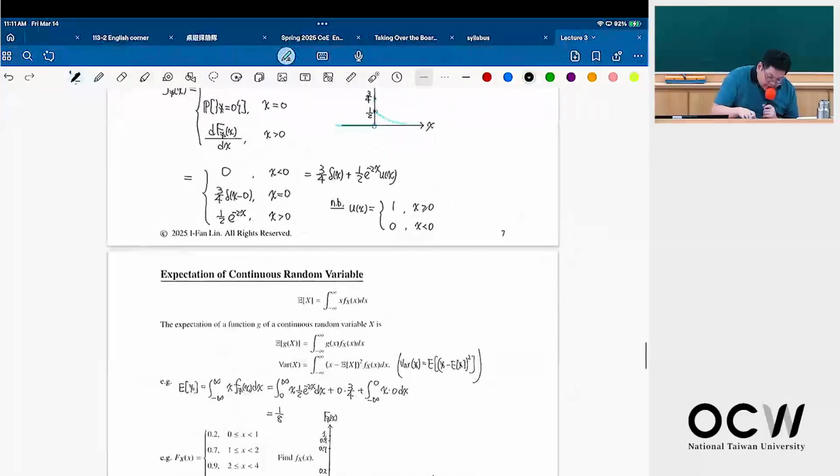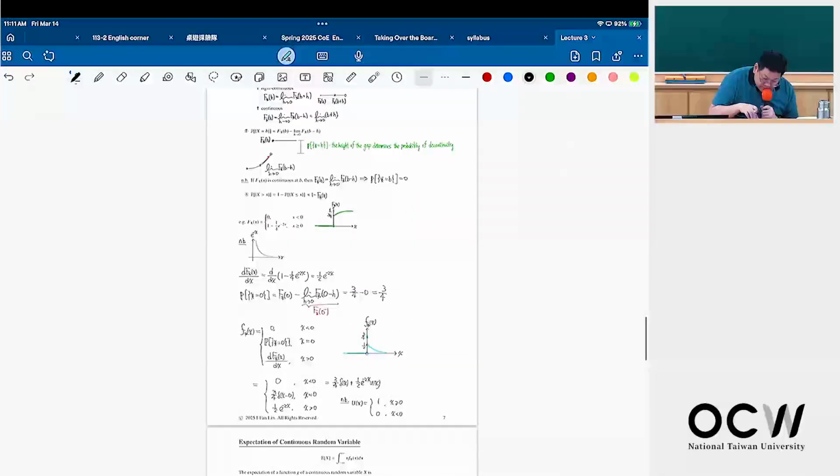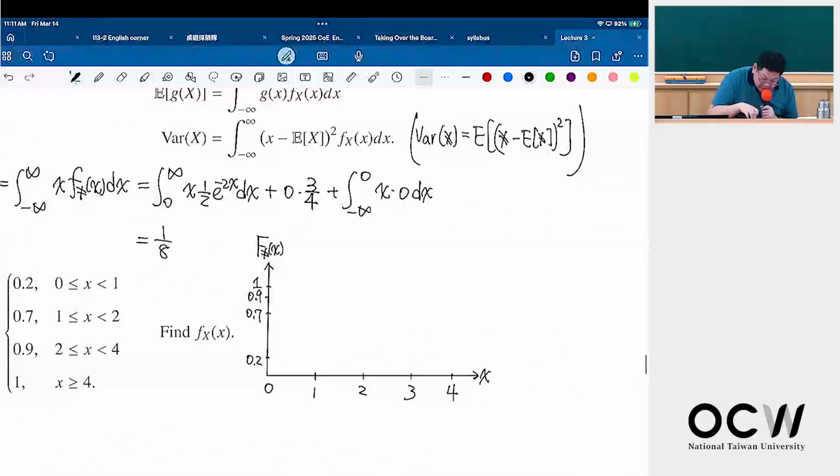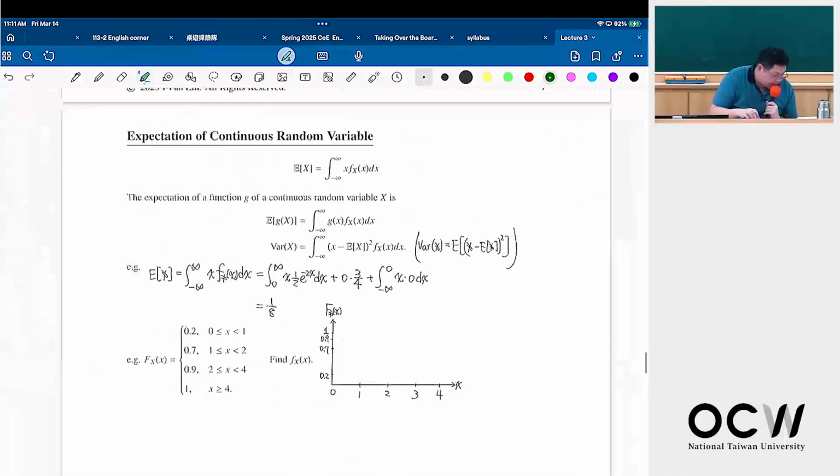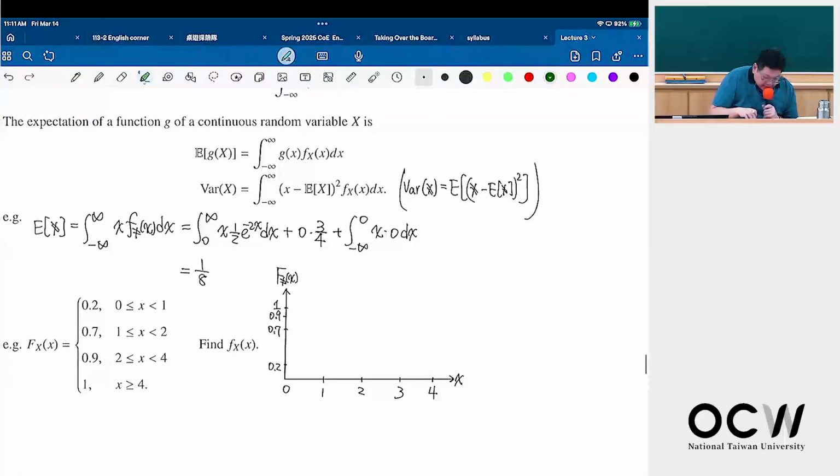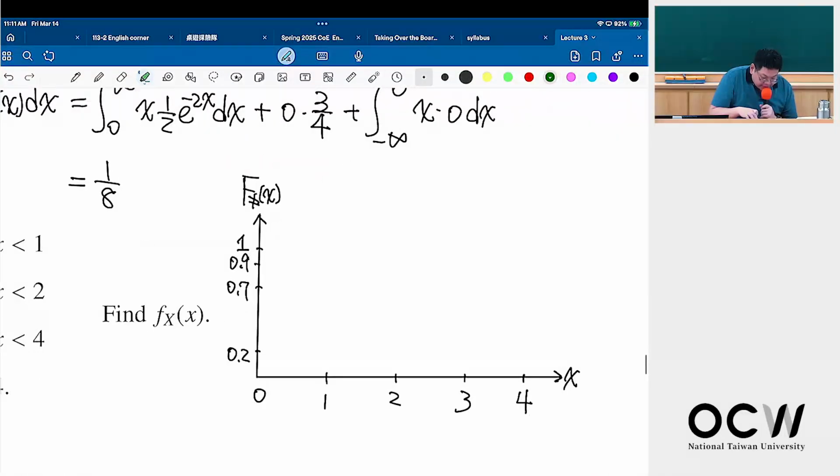My CDF is green, okay, let's use green. X between 0 and 1, that's 0.2.